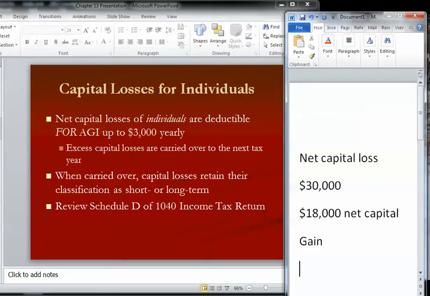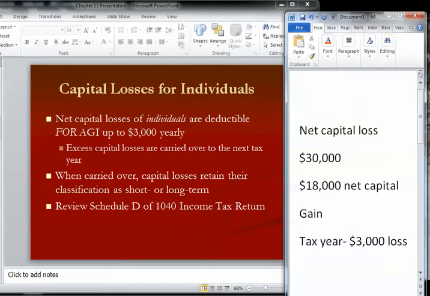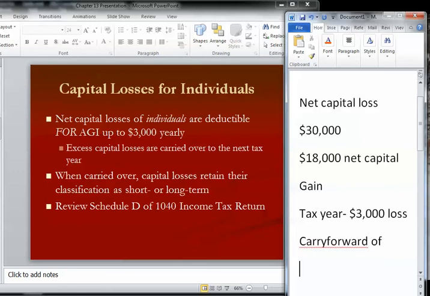So what we would report for the tax year, we would still show that $3,000 net loss, but then we would have a carry forward of 30 minus the 18 we're using to offset the gain. So we're down to 12, and then minus the other 3,000. So our carry forward is 9,000 in losses.